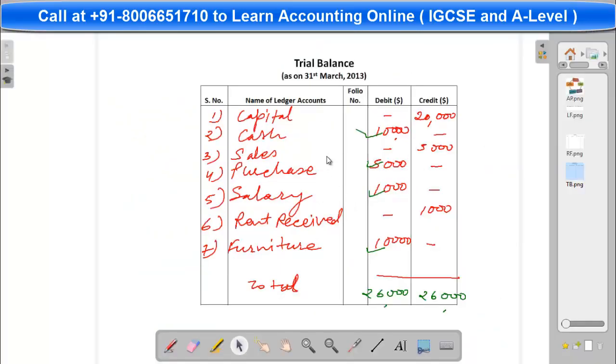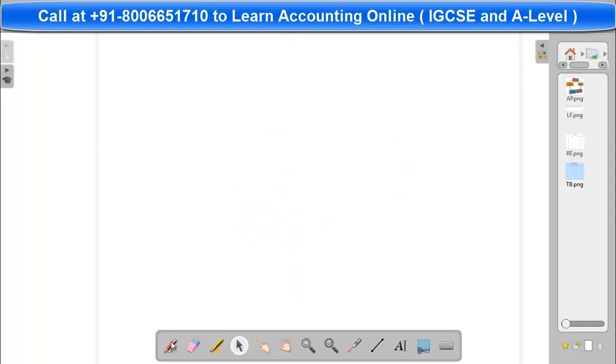Isn't it? But sometimes in the question they give only the name of the account and the balance amount. They don't tell whether it is a debit balance or credit balance. Let me tell you. Suppose in the question they gave like this, that in the ledger the salary account is there and it is showing balance 10,000.